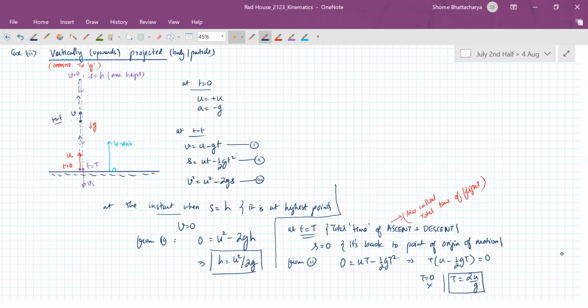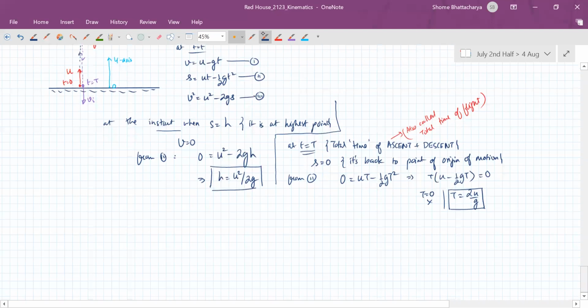Okay, so hope this is clear so far. Now the next thing to understand about the motion is that at the highest point, S is equal to H and V is equal to 0. Therefore, from equation 1, 0 is equal to U minus GT.